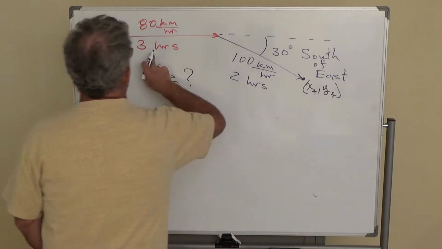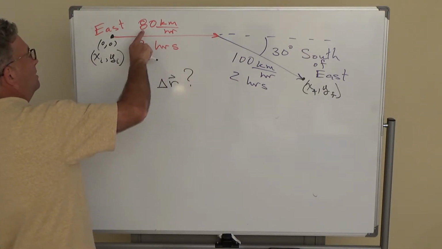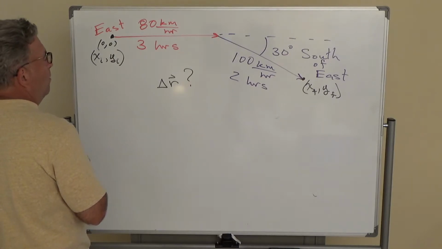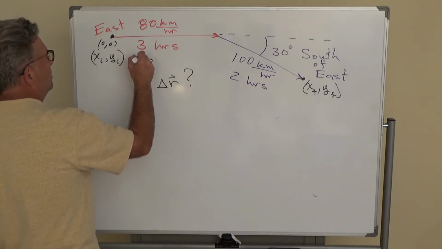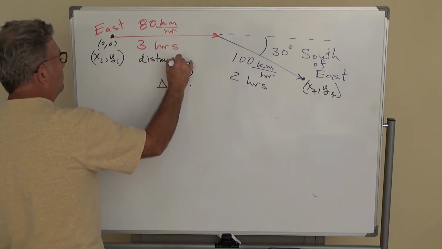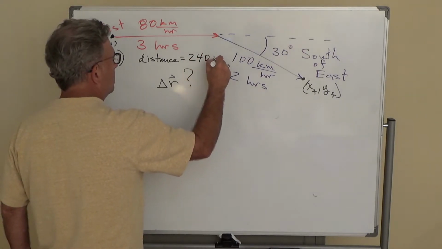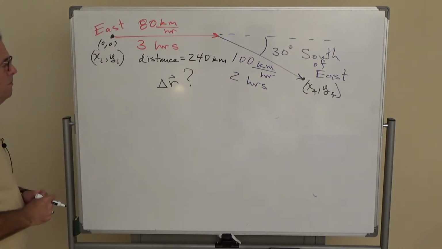This is 3 hours east at 80 kilometers per hour. So this distance for this little part of the trip is equal to 240 kilometers. Right?